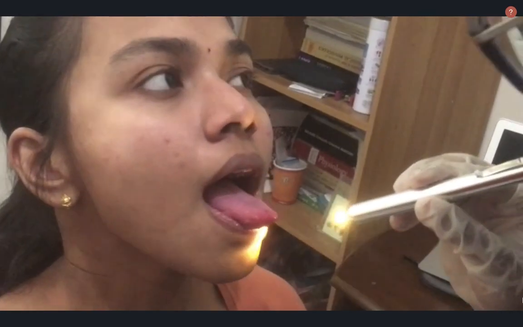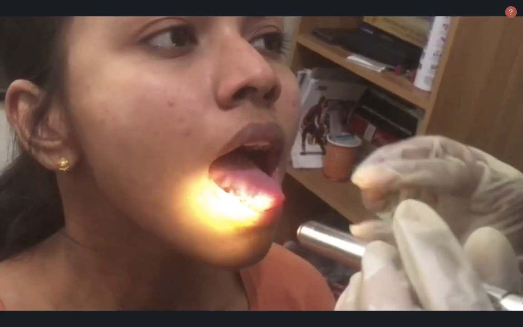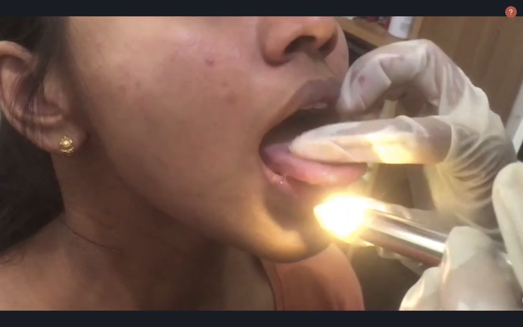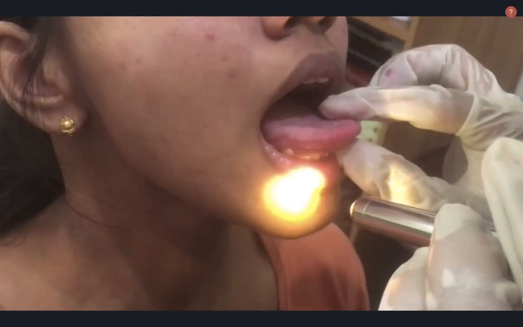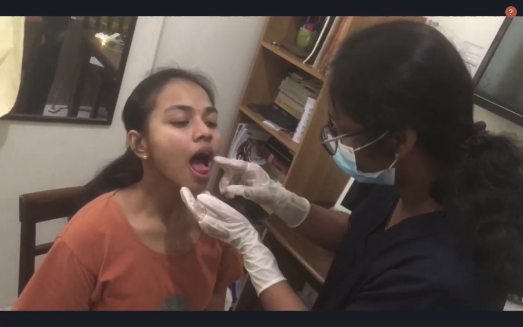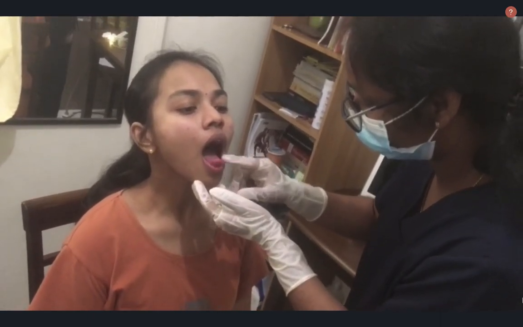And now after that, with your right gloved hand, palpate the tongue for any indurations. Repeat the same process on the other side of the tongue.